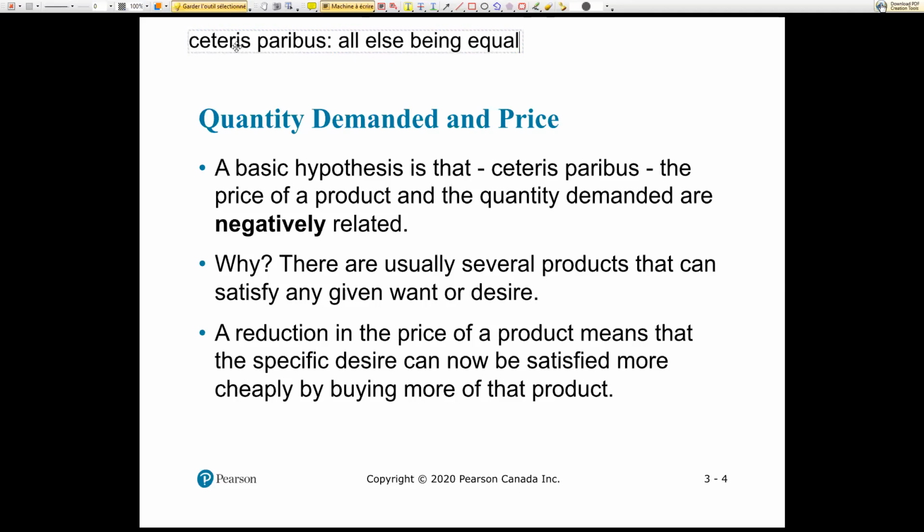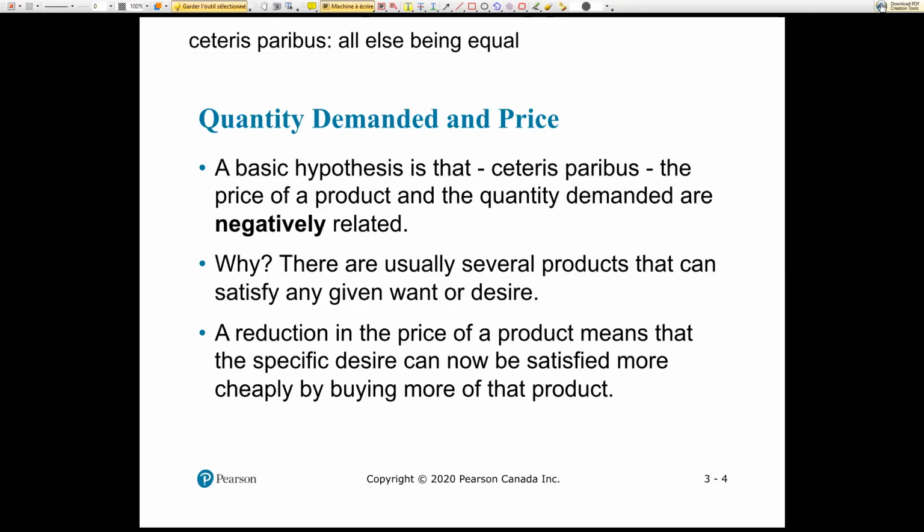And why do we need this? We need this because we want to say something non-trivial about the world. So if you say, I think when price goes up, quantity demanded goes down, but maybe at the same time there was a war between the United States and Canada, so people couldn't get out of their house to buy stuff, for instance. Then who knows why?